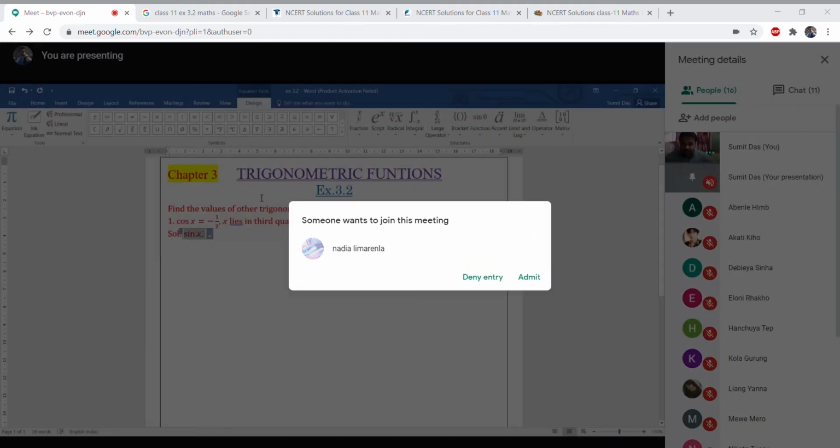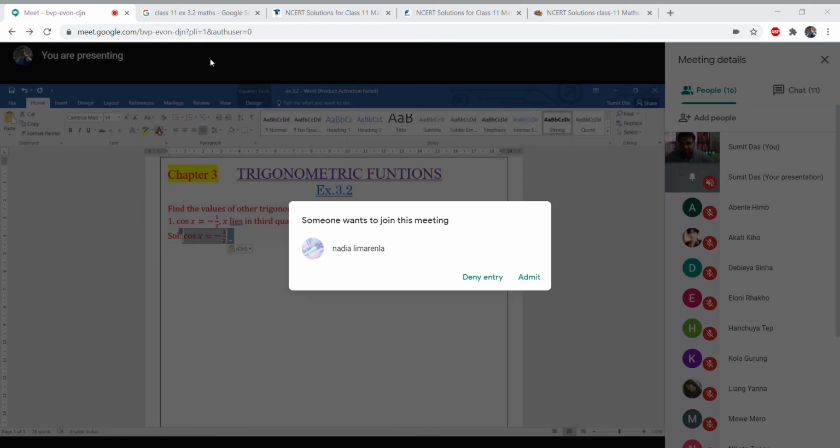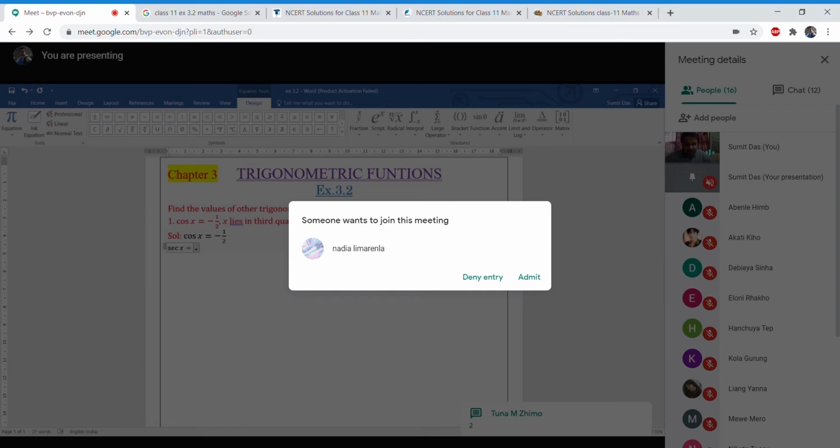First, whatever value is given, I'm writing this value. First find out the easiest part. Anyone please let me know, if cos x equals minus 1 by 2, what will be sec x? In the comment box, please let me know.